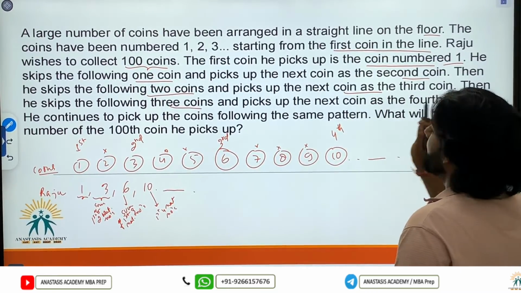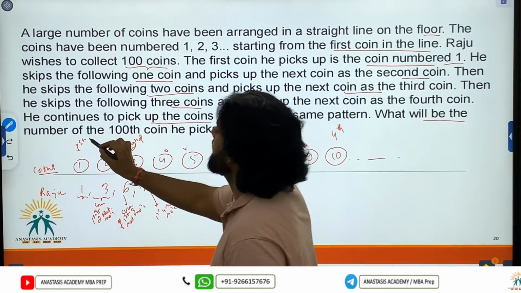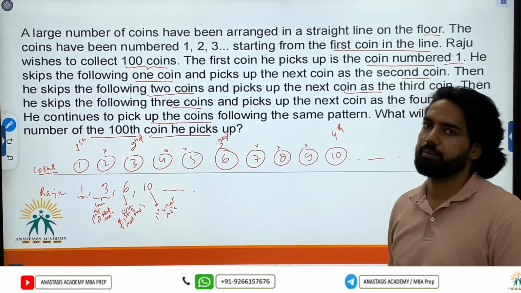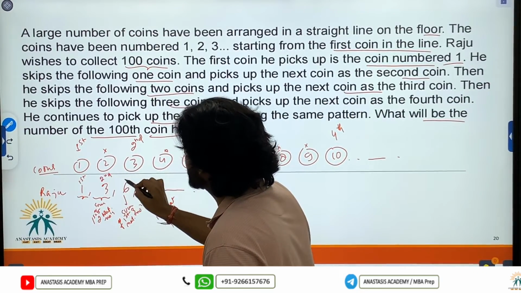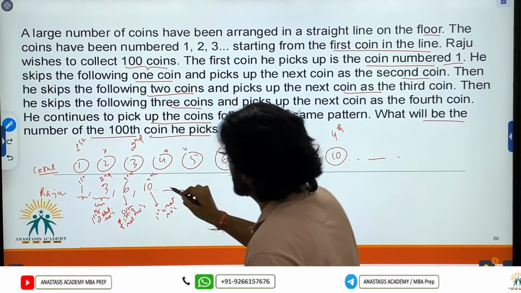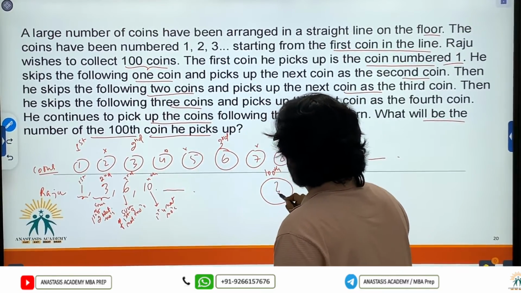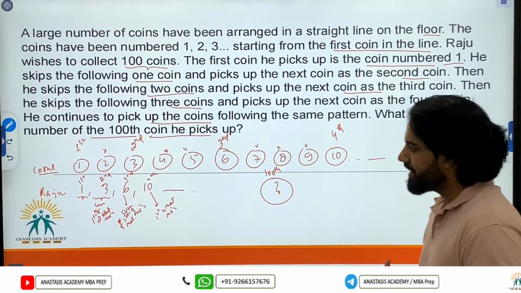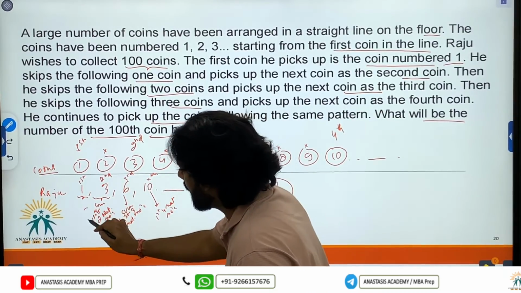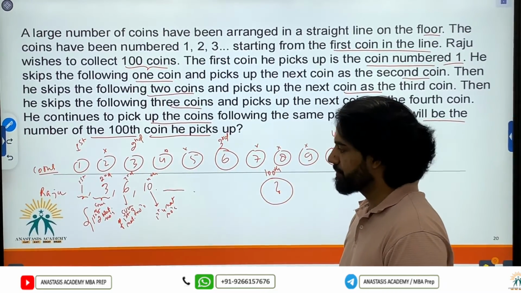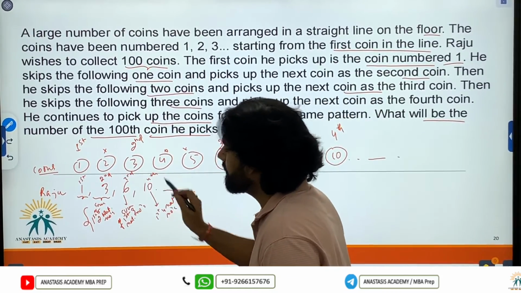He continues to pick up the coins following the same pattern. What will be the number of the 100th coin he picks up? This is the first term, this is the second term, this is the third term, this is the fourth term, and we have to find the number written on the 100th coin. The number written on these coins is the sum of the first natural numbers, as many natural numbers as the number of terms.